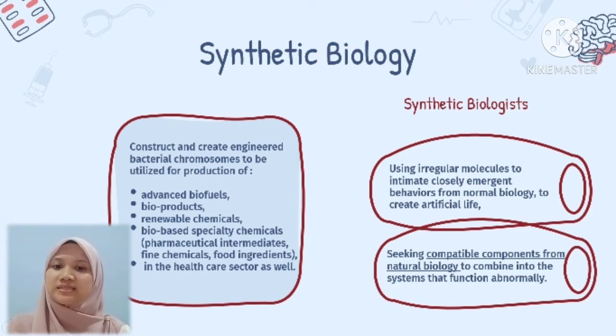First, those that use unnatural molecules to imitate closely the emergent behavior of normal biology to create artificial life. Second, those seeking compatible components from natural biology to combine into systems that function unnaturally.